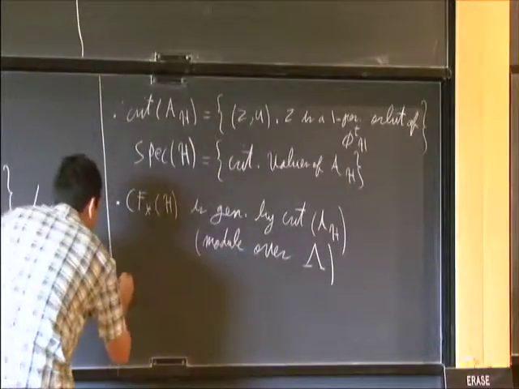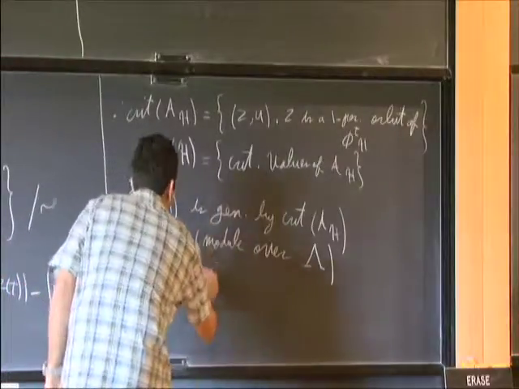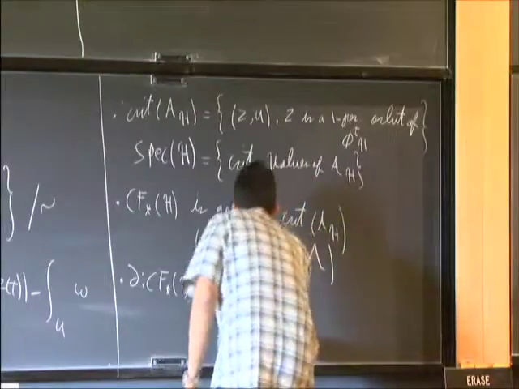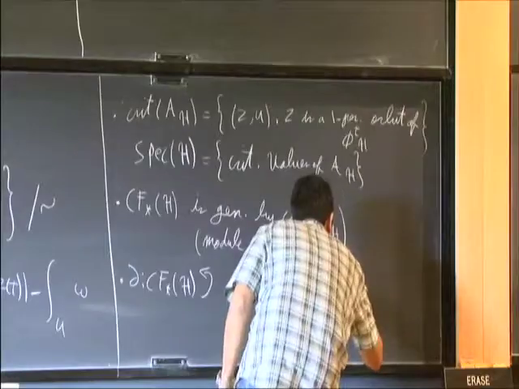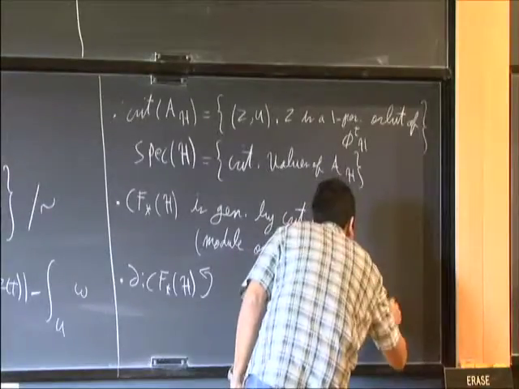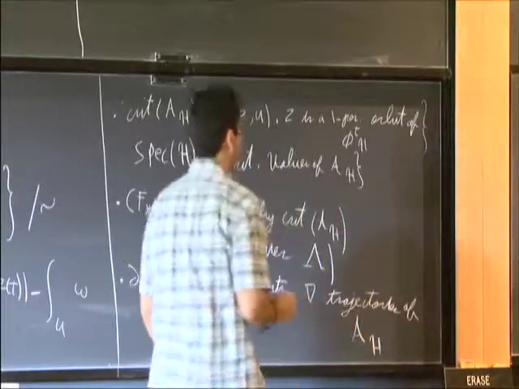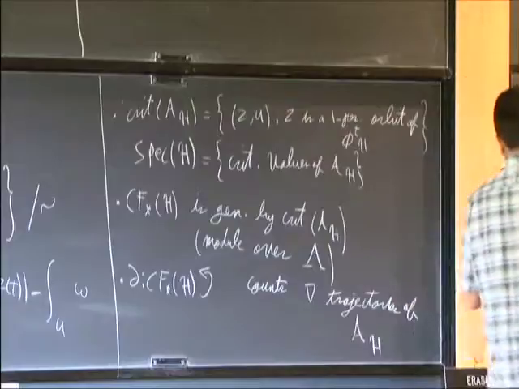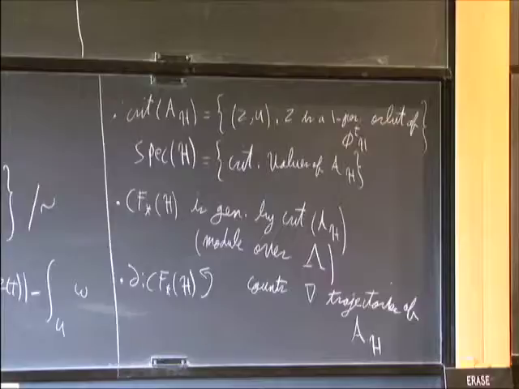Then you have a boundary map which counts gradient trajectories of the action functional, and at least under nice conditions, d squared is 0. So then you can define the homology of this complex, and this is what we call the Hamiltonian Floer homology of a Hamiltonian.